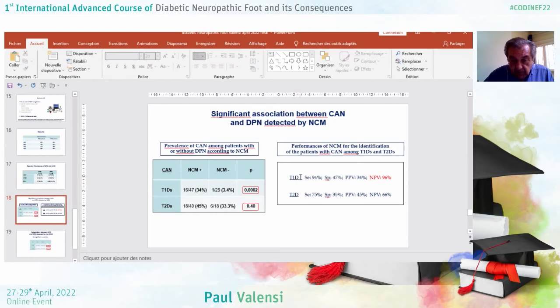In type 1 patients, the performances seem better as compared to type 2. And the most important result, in red, shows that the negative predictive value of NCM for CAN is 96%, which means that when NCM does not detect peripheral neuropathy, we are nearly sure the patient doesn't have CAN.